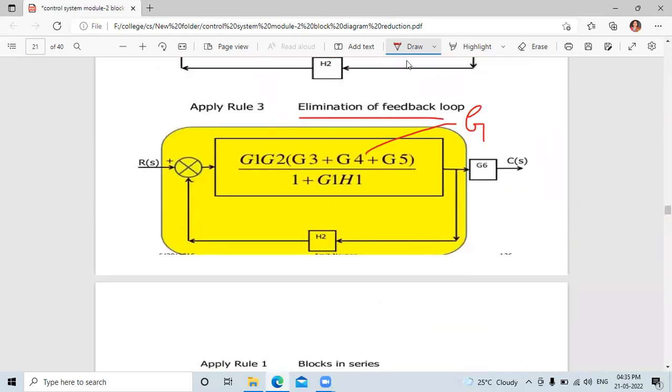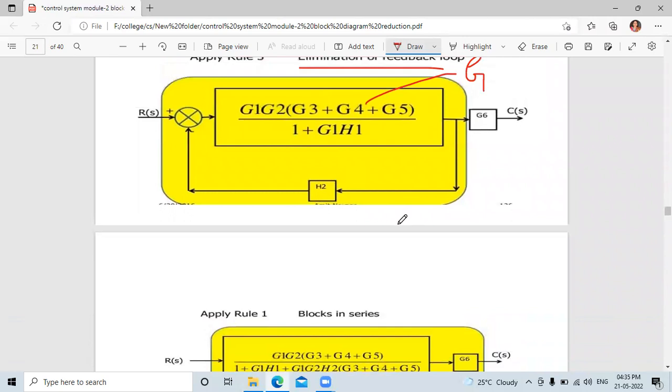Let us take the numerator as G. Then the loop gives G divided by 1 plus G into H2.